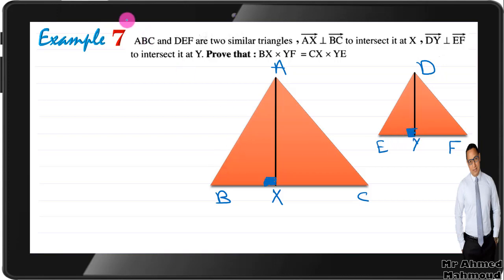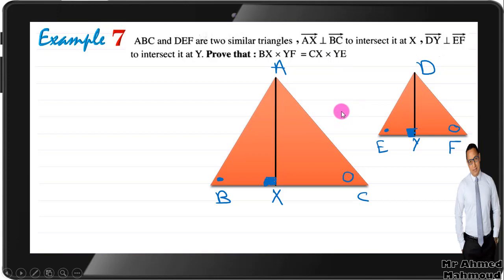Don't forget, the two triangles ABC and DEF are similar. So angle B equals its corresponding angle E, angle C equals its corresponding angle F, and angle A equals angle D. Now prove this one: BX times FY equals CX times EY.